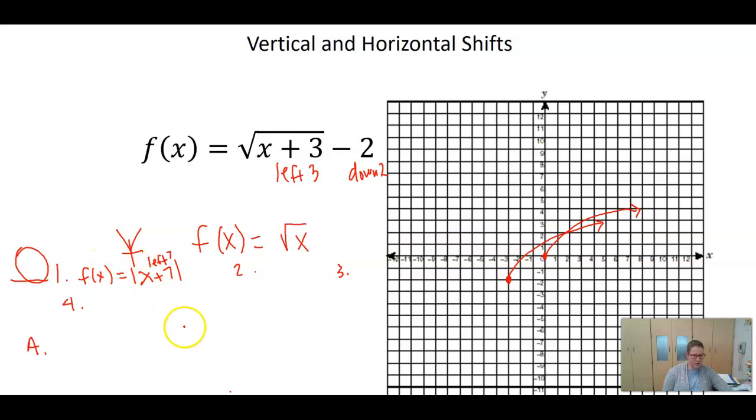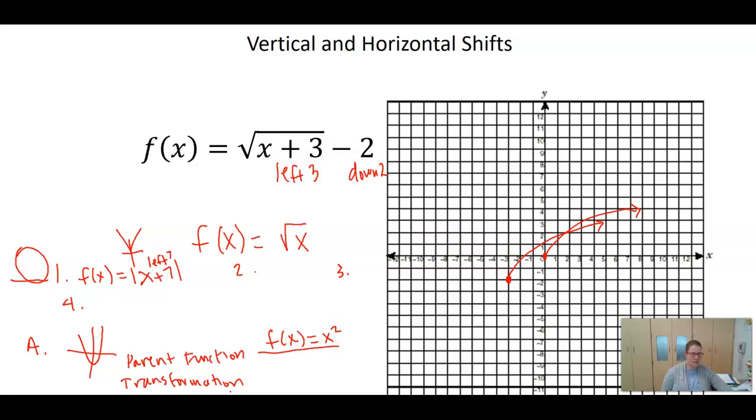And then underneath the graphs, so for example, graph A looks like this, and it says underneath the graph parent function, and it says transformations. So where it says parent function, you're going to put the actual parent function, which is f of x equals x squared.